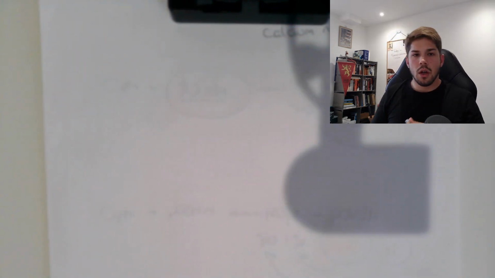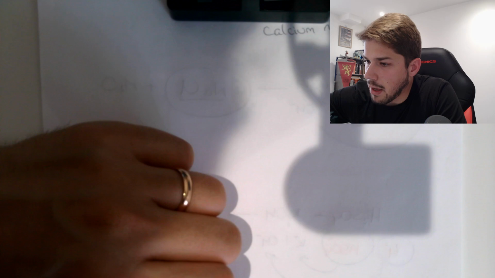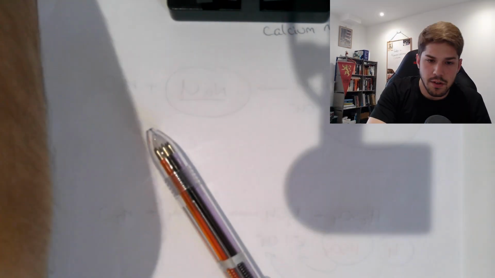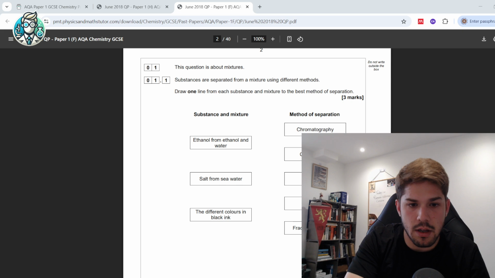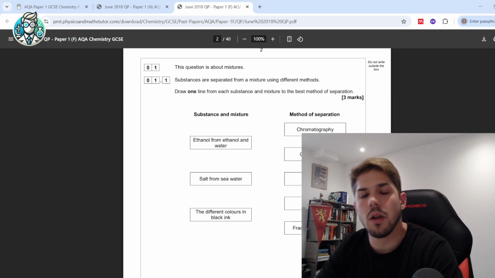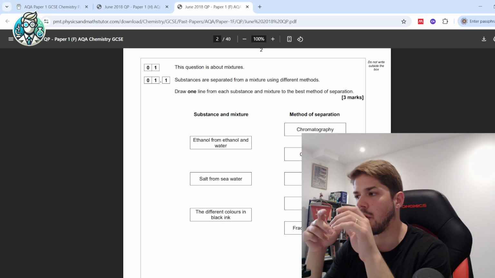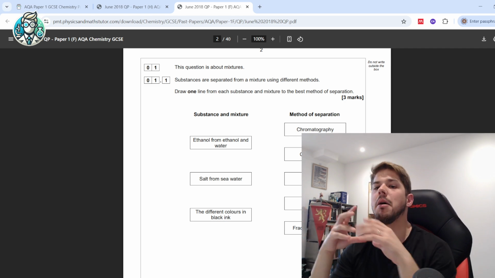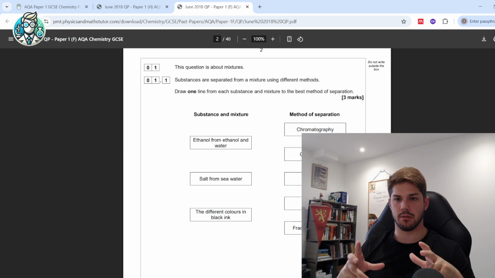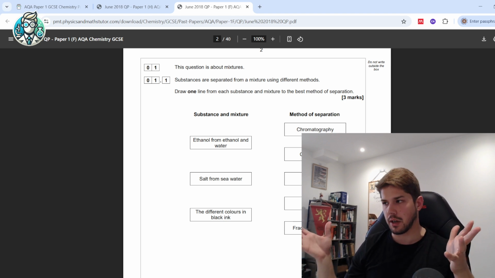So, this question is about mixtures. If you remember, a mixture... Wait a second. I didn't change the screen. Now. Here it is. What is a mixture? It's a group of one or more substances that are together, combined, but they are not chemically joined. So we can separate them through what are called separation techniques.